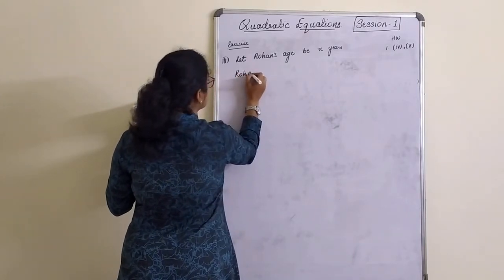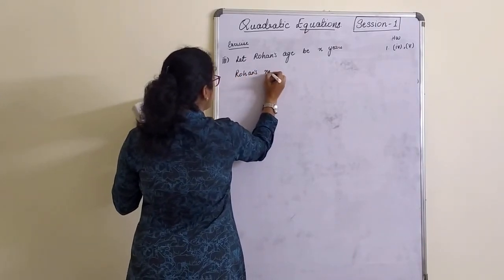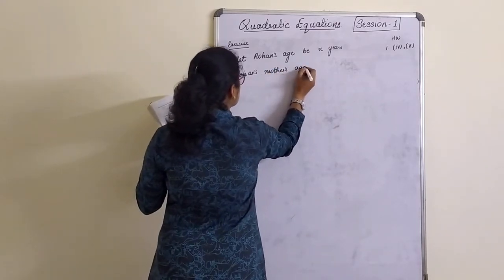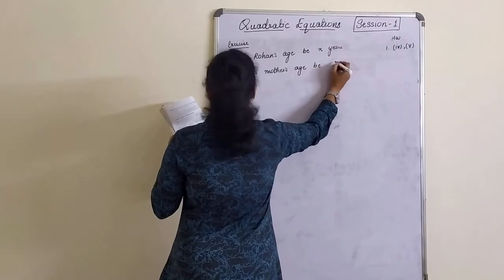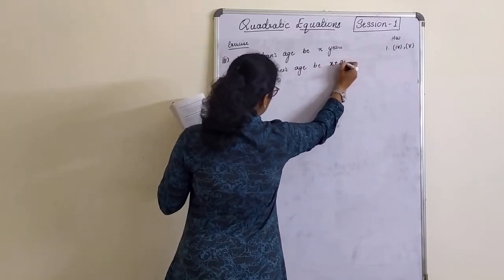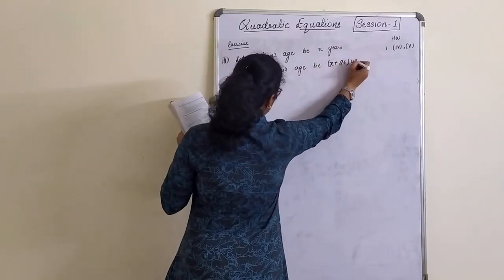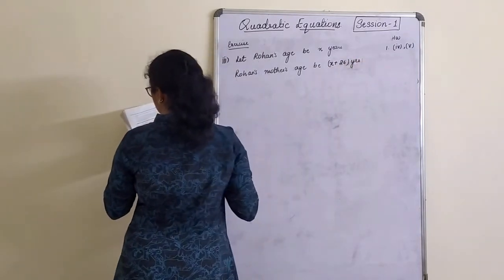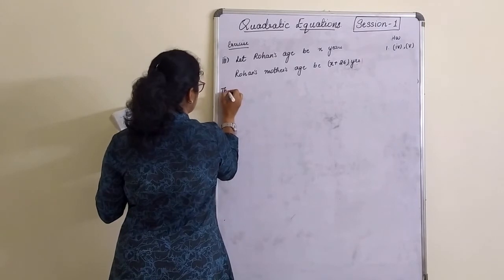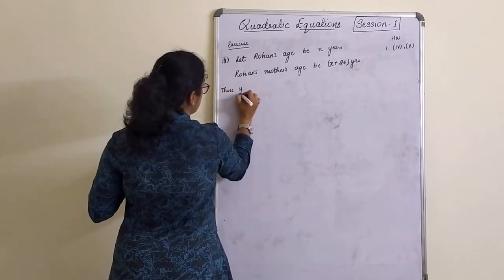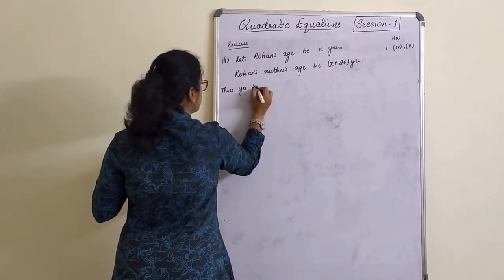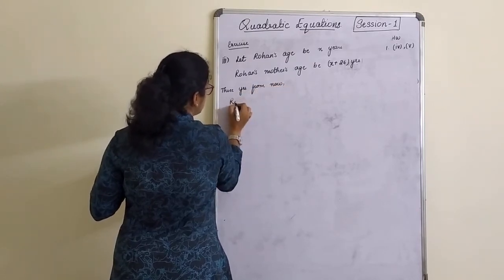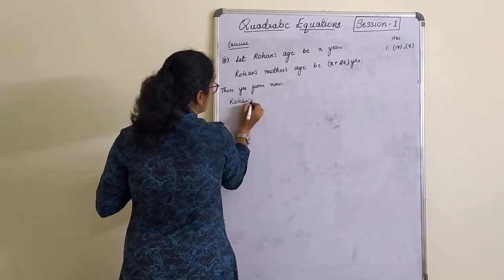Rohan's mother's age be... She is 26 years older than him. x plus 26 years. Okay. Now the next is 3 years later, 3 years from now. So what will be Rohan's age 3 years from now?